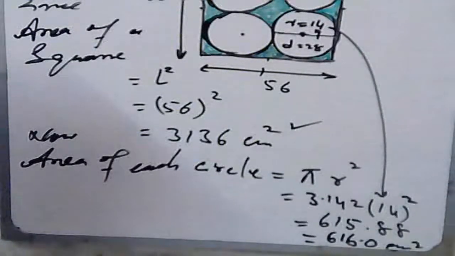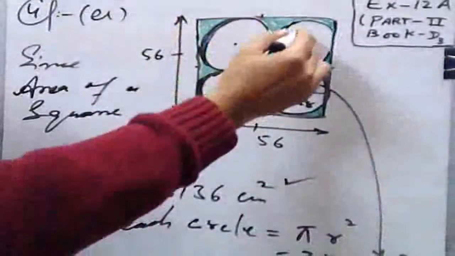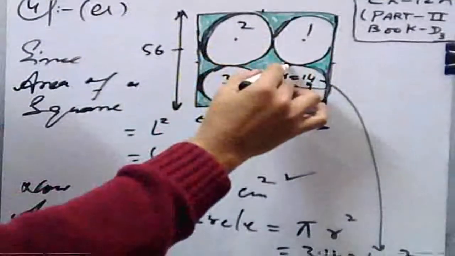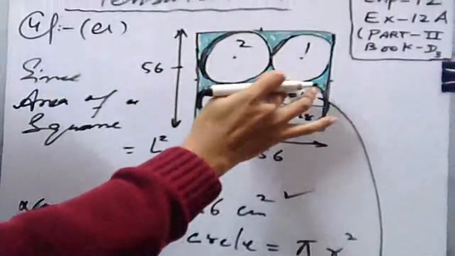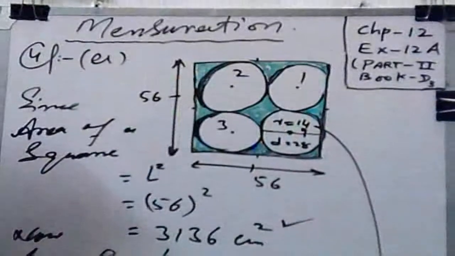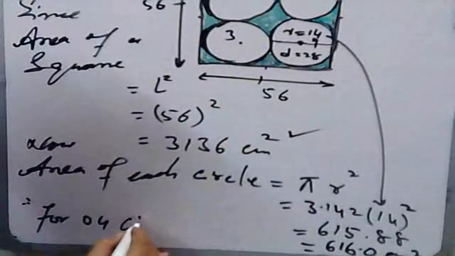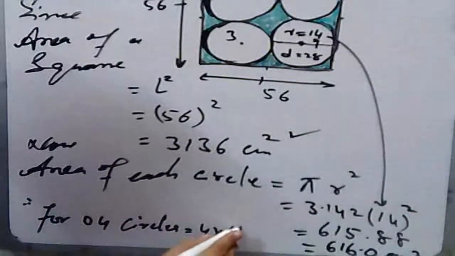But you have four similar circles, 1, 2, 3, 4. So for four circles you should multiply: 4 multiplied by 616.